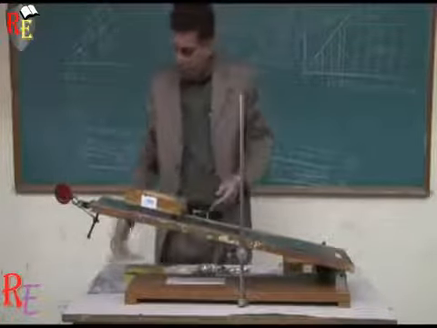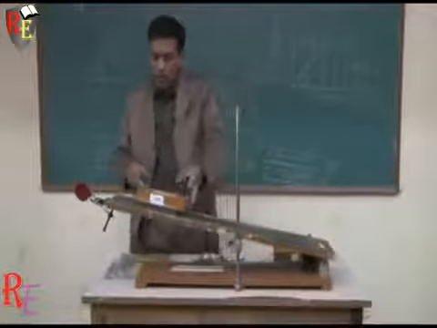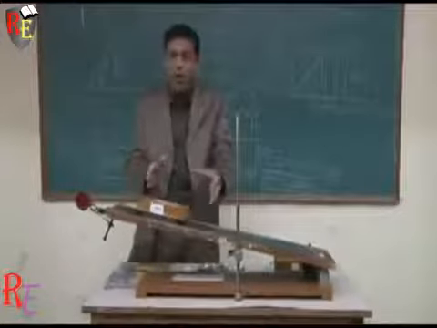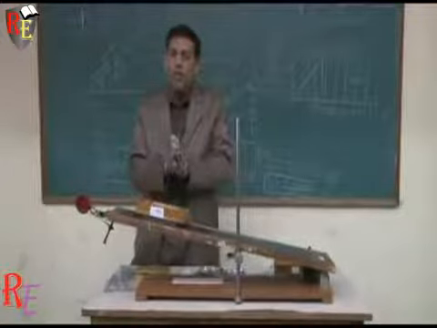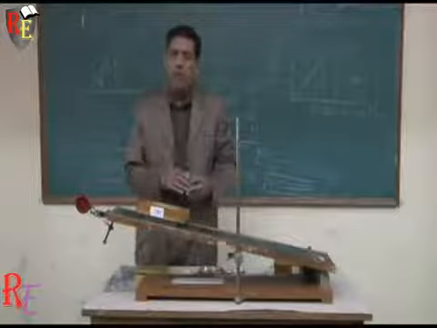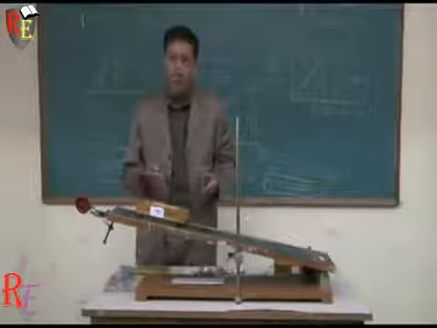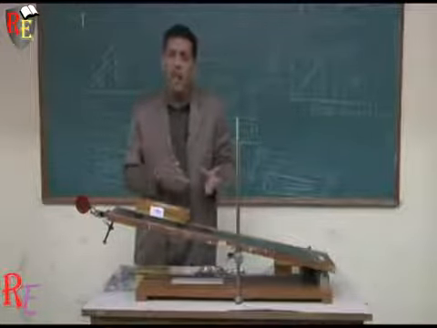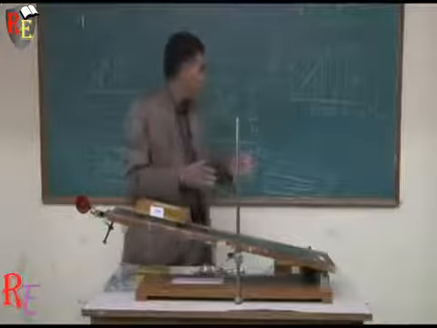And we have also seen that since the block is just about to move, it means the net force that is acting on this particular block is 0. It means the net force in the y direction and in the x direction is equal to 0.